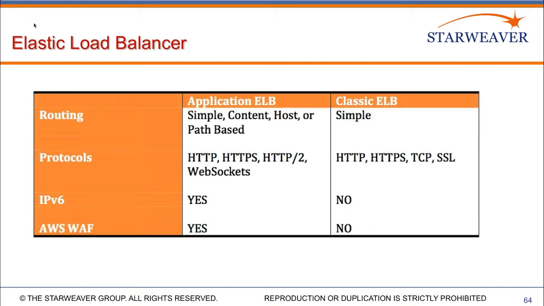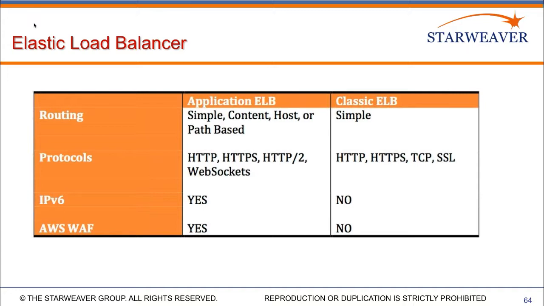For example, you could have images.wadetraining.com, and that could go to a file server that has my images on it. And then I could have www point to another load balancer, or web server instances or something like that. So the application ELB is aware of the nature of the request and sends to different target groups.